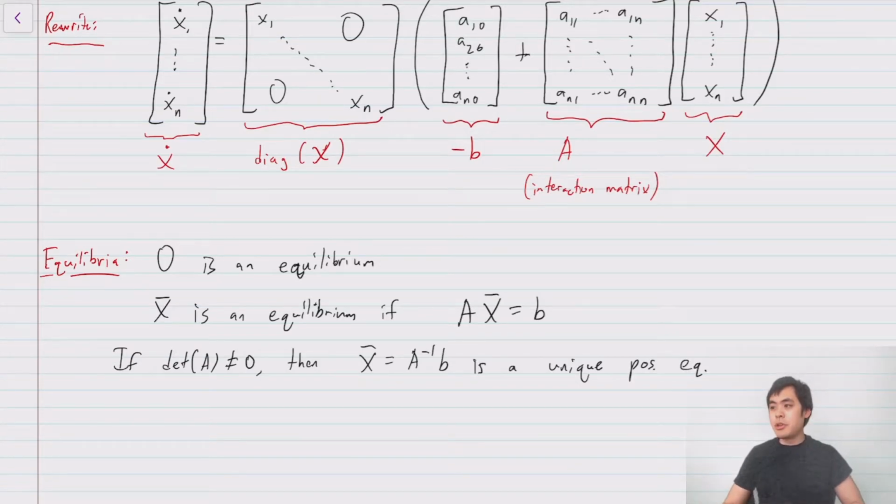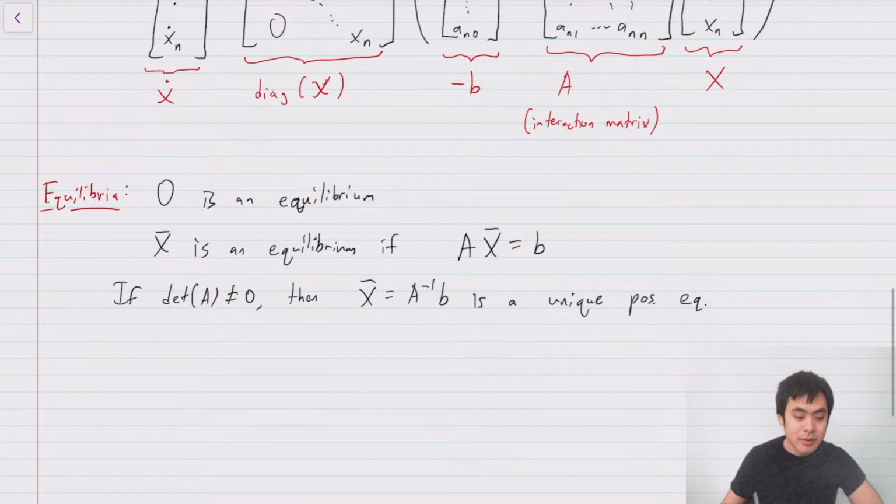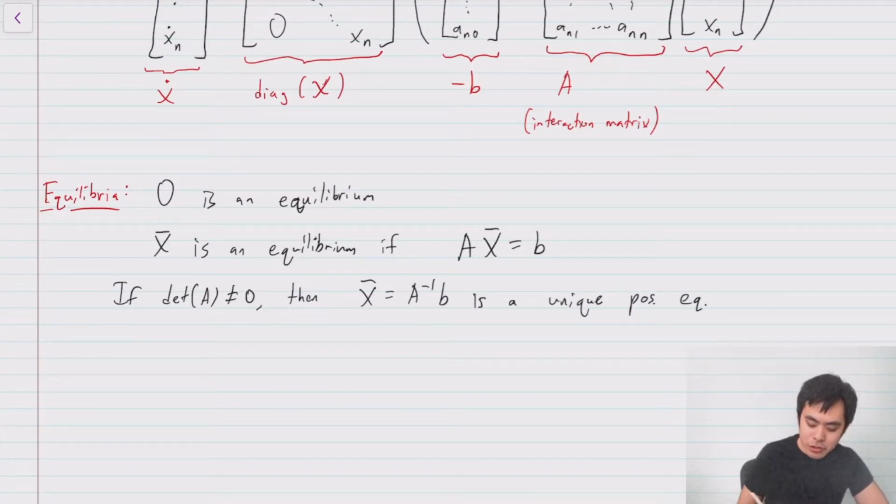So it turns out that this will be the only equilibrium that is strictly positive, if the determinant is not equal to 0, so if the matrix is invertible.